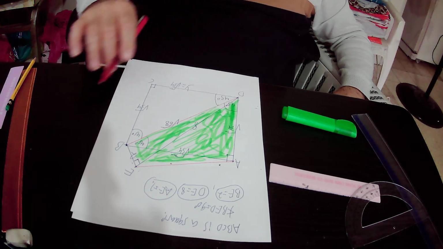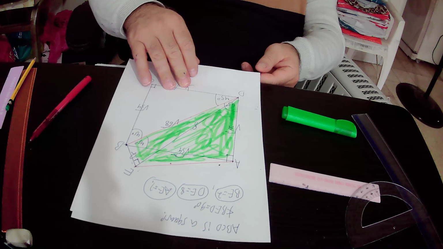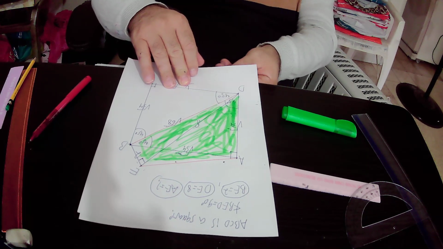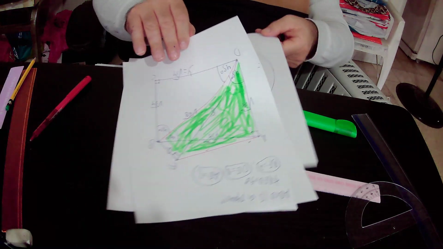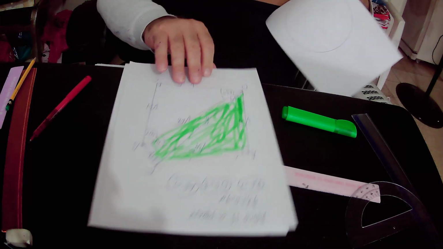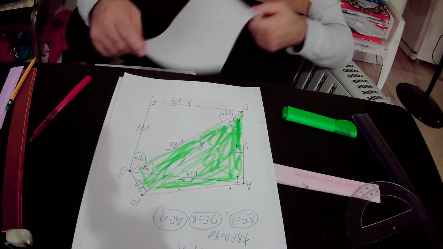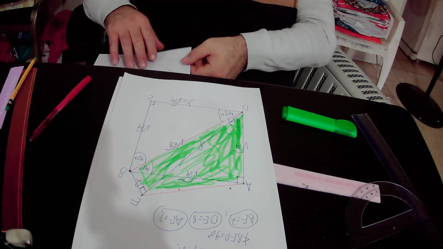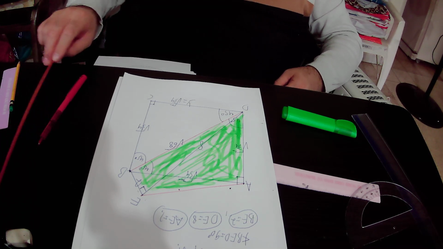So we will draw the implementation of rule number 2 in our specific drawing. So actually we have quadrilateral AEBD.